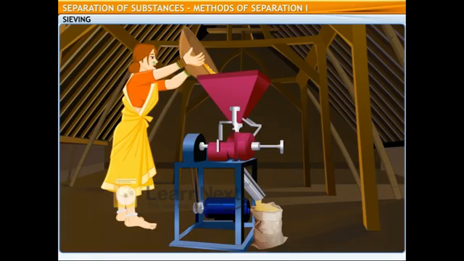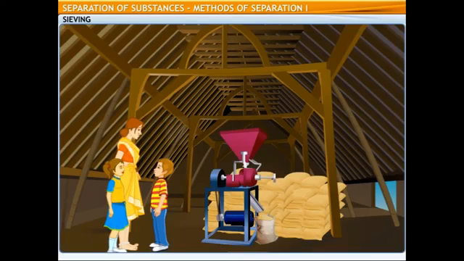Cleaned wheat grains are poured in from the top of the machine. The machine grinds the wheat into a fine powder or flour, which comes out from this opening and collects at the bottom in these large bags. And then this flour is packaged and taken away to sell in the market?